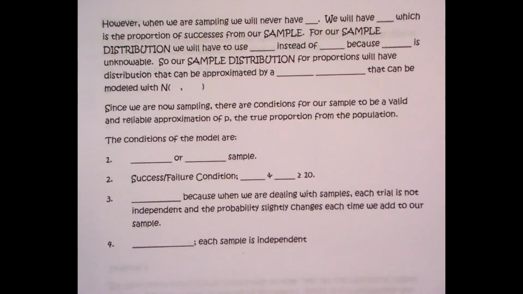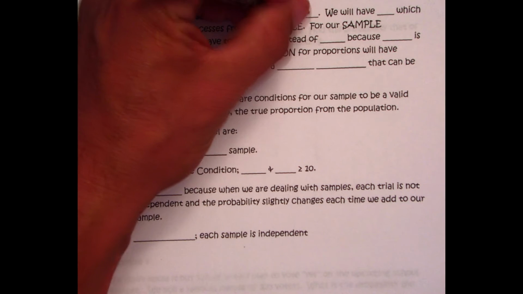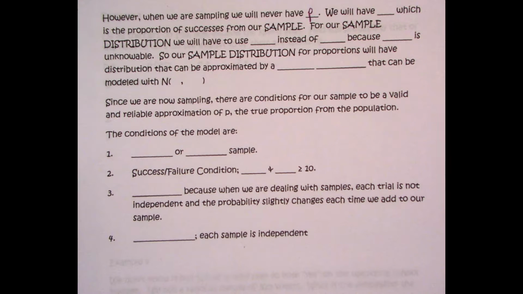However, when we are sampling, we will never have p. Okay, so let's say that we're doing a sample, and we're looking at the proportion of people who are going to vote for a candidate.